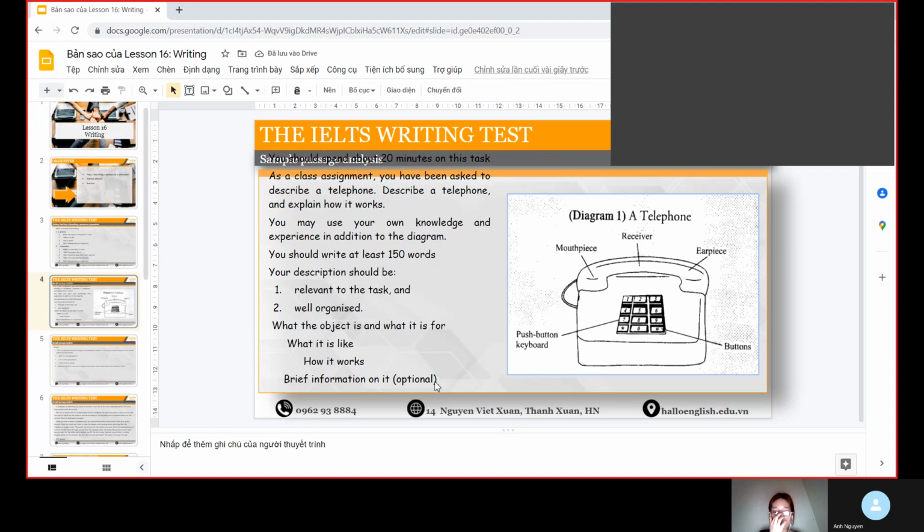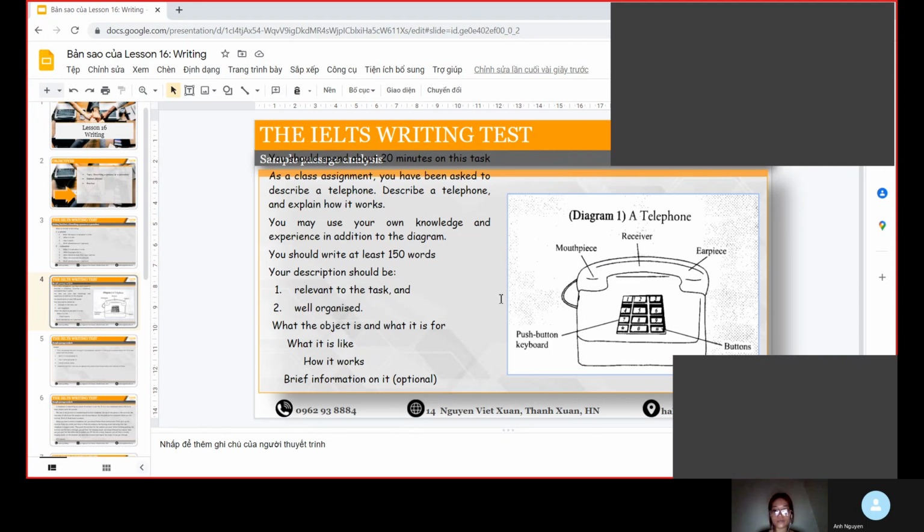Here are the 4 questions. I added them here so that you can look at the diagram and answer the questions properly. You'll have about 10 to 15 minutes to answer these 4 questions. Do you know what you have to do now? Thank you. Okay, please start.